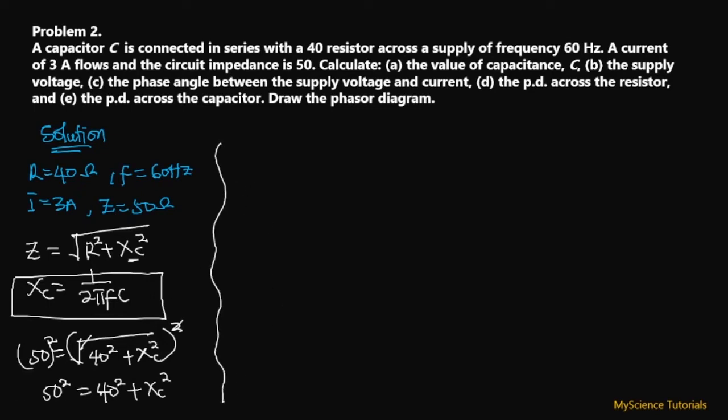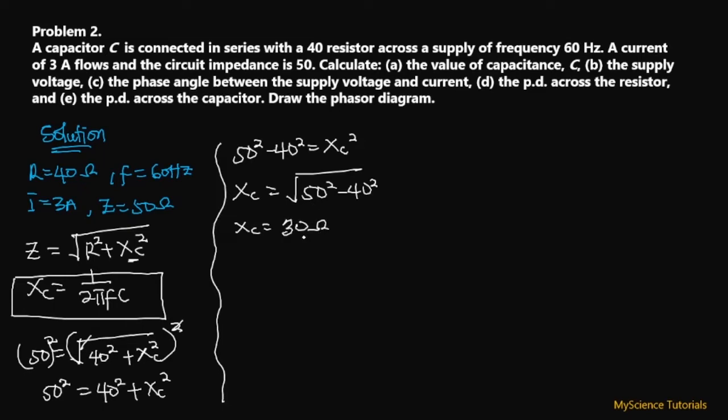From there, we move the 40 squared to the other side of the equal sign. So we have 50 squared minus 40 squared is equal to XC squared. To find this, we take the root. So XC, our capacitive reactance, is equal to the root of 50 squared minus 40 squared, which will give us 30 ohms as our answer.